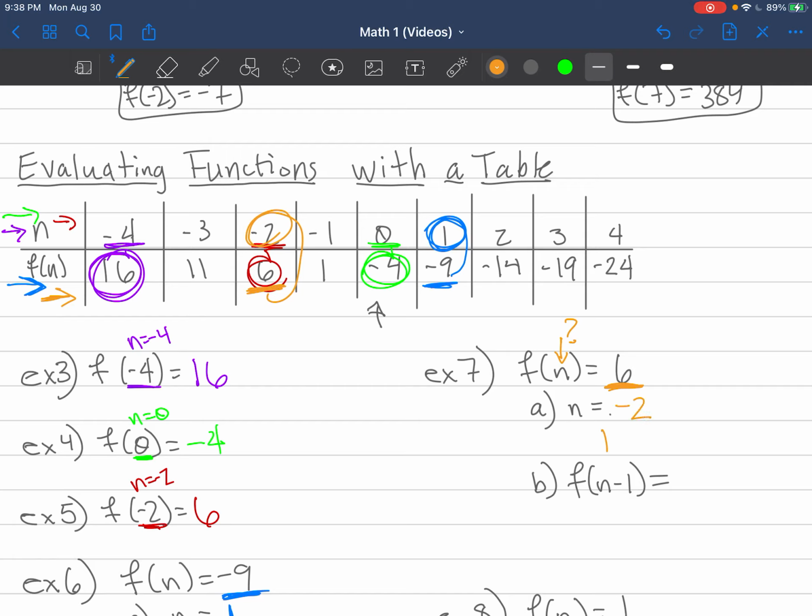Now we know n is negative 2, so let's replace the n here with negative 2. So we have f of negative 2 minus 1. Negative 2 minus 1 gives us f of negative 3. F of negative 3 is this guy right here, which gives us an 11.